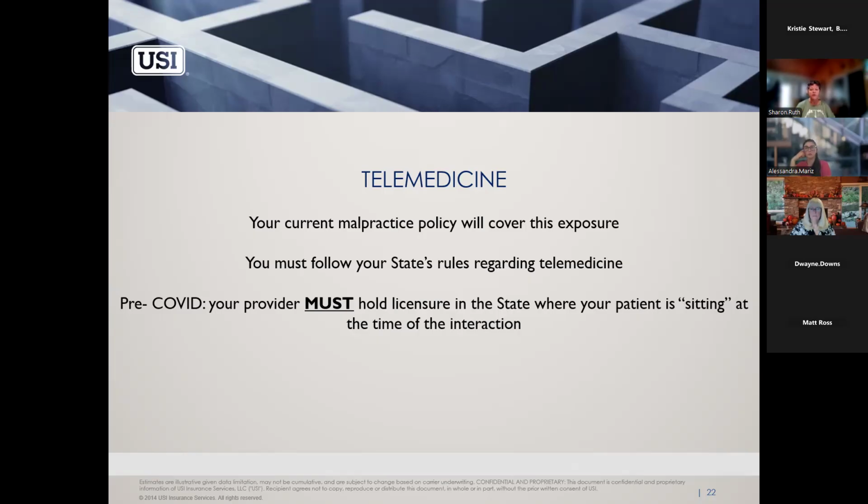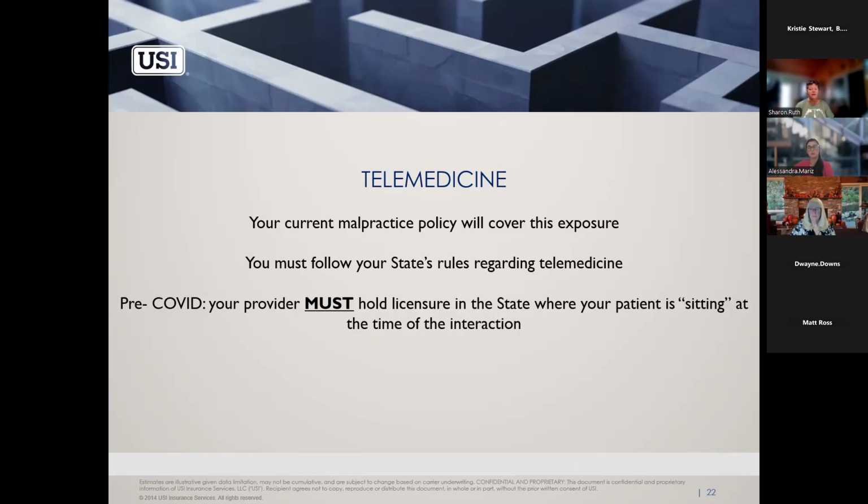Granted, we know your patients are mobile and they go on vacation, they go on business trips, things like that. If you know the patient is on a business trip in Colorado and they're calling you because they need help with whatever health condition, note in the file that the patient was in Colorado for a business trip.